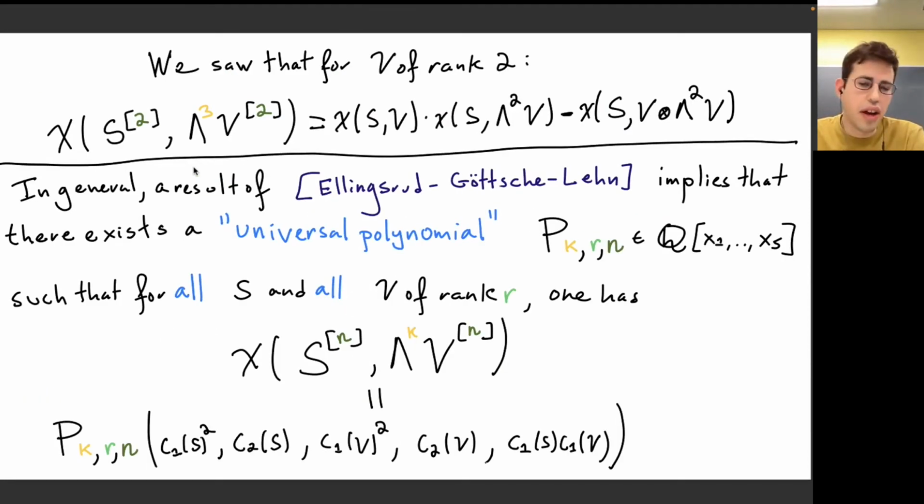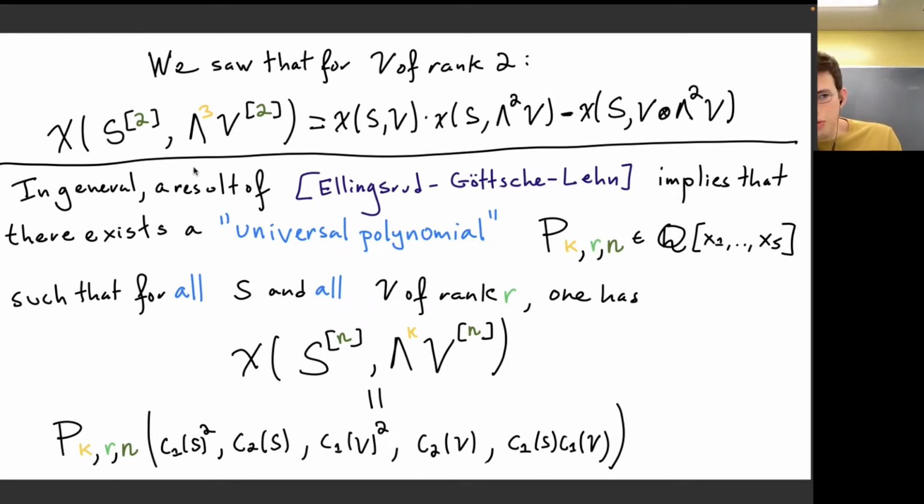For the following discussion, just to save us some notation, instead of considering multiple tensor products, I'm just going to consider an exterior power of a single vector bundle, and the argument works the same if I have some tensor product. We already saw, for example, that the Euler characteristic of the third exterior power of a tautological bundle associated to a rank 2 vector bundle on the Hilbert scheme of 2 points is this nice polynomial in Euler characteristics of the vector bundle and the surface itself.